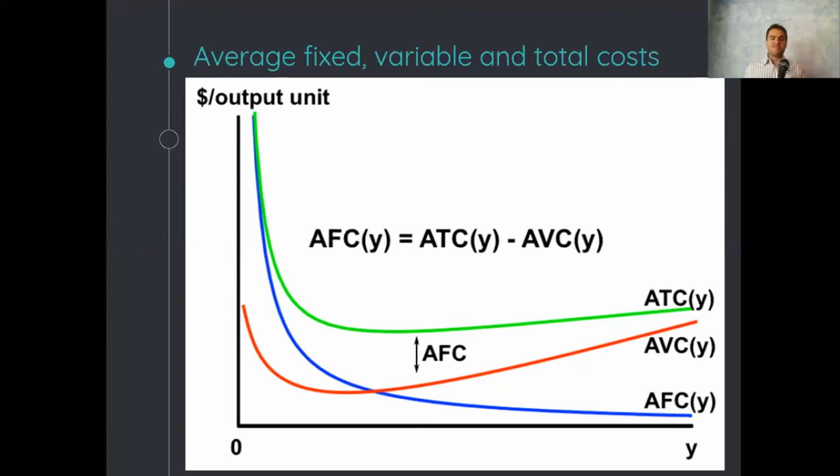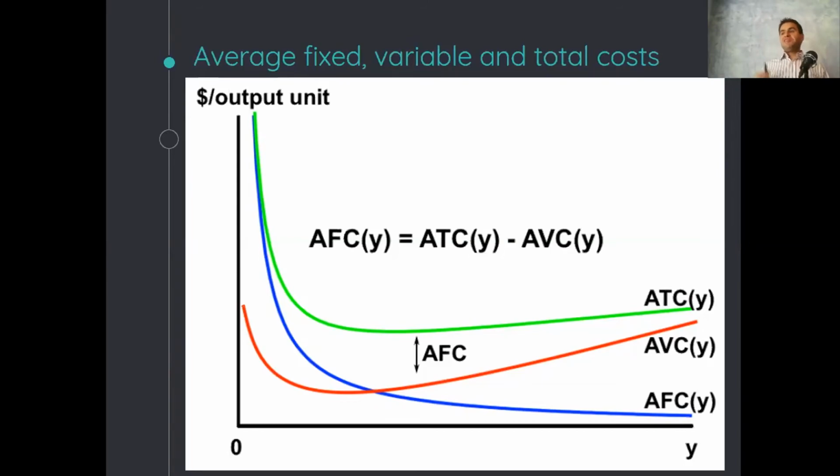The average fixed cost is all the costs they have to pay: the permits they had to buy or pay the government to start operating, the cost of buying the land or renting it, the industrial ship, the factory, and all the equipment they bought, like the assembly lines, that they needed in order to start producing cars. Those are the fixed costs.